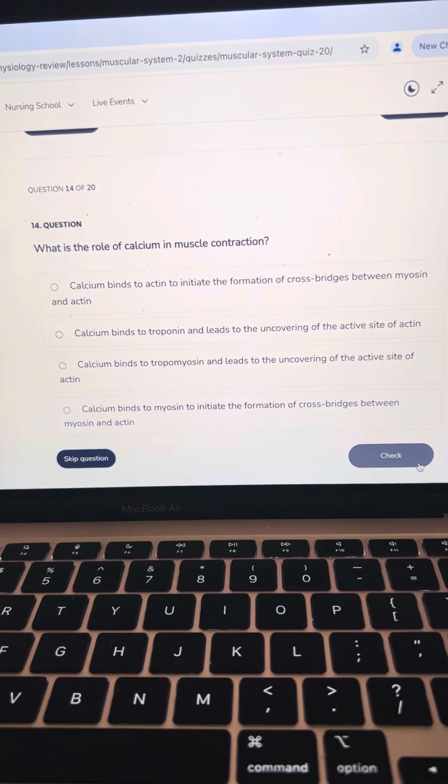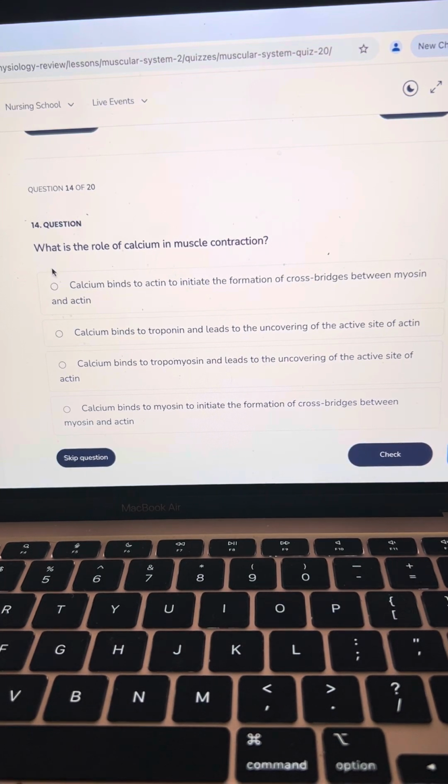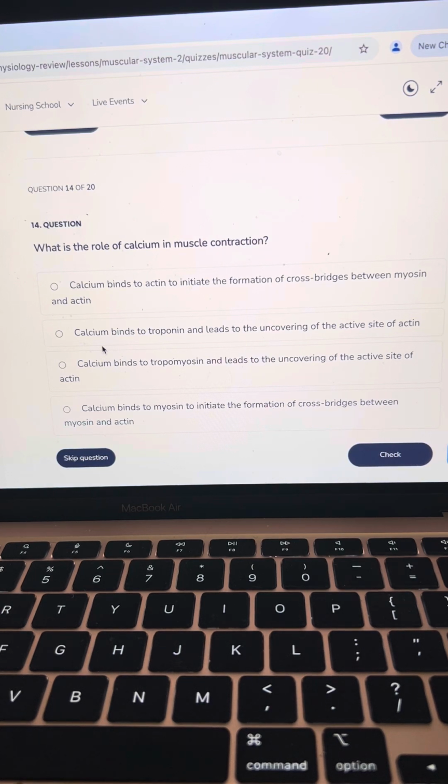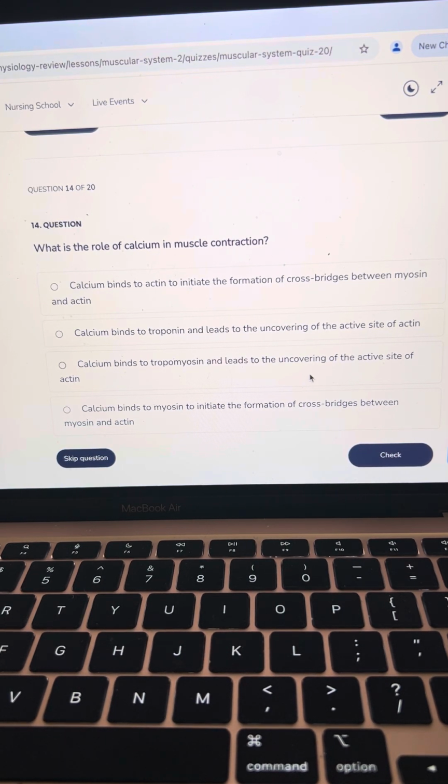Moving on. What is the role of calcium in muscle contraction? Does calcium bind to actin to initiate the formation of cross bridges between myosin and actin? Calcium binds to troponin and leads to the uncovering of the active site of actin. Calcium binds to tropomyosin and leads to the uncovering of the active site of actin.